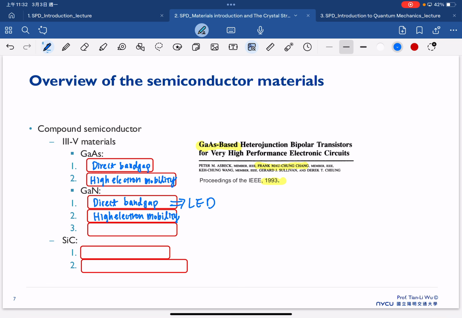And last, one of the most key features of gallium nitride is that it has a large band gap.